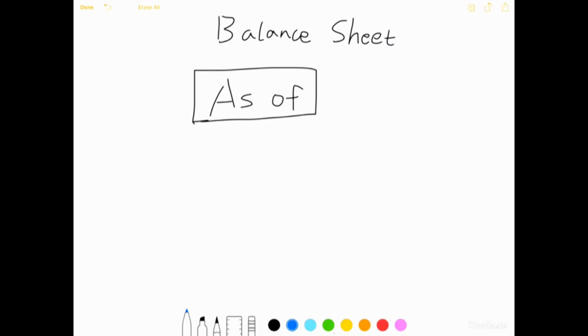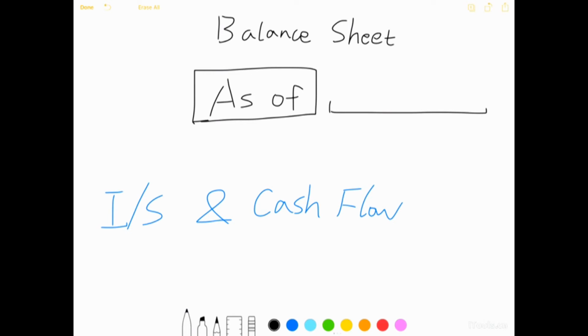You might have noticed that "as of" is different from the income statement and cash flow statement, because those have, say, period ended or year ended. You might wonder why that is. Well, because the values of assets, liabilities, and equity in the balance sheet are accumulated over time on a continuous basis, while the data for the income statement is reset every period.